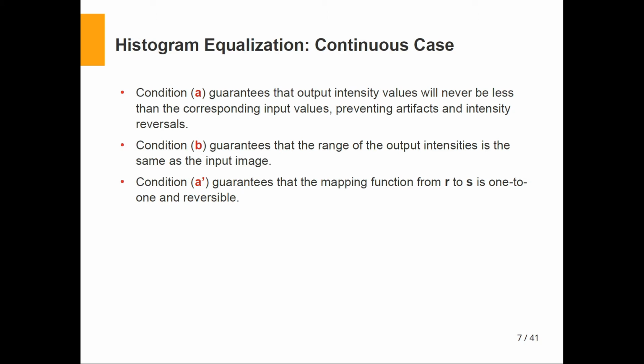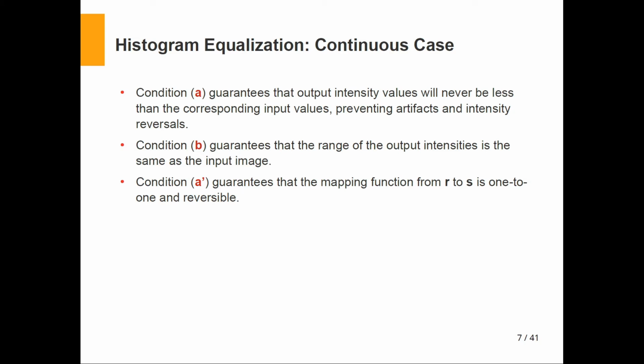Condition A guarantees that the output intensity values will never be less than the corresponding input values. That helps us to prevent artifacts and any intensity reversal. Condition B guarantees that the range of the output intensities is the same as the input image.